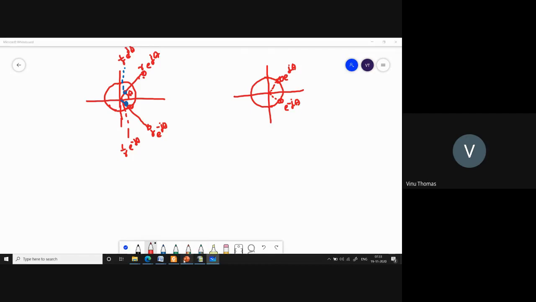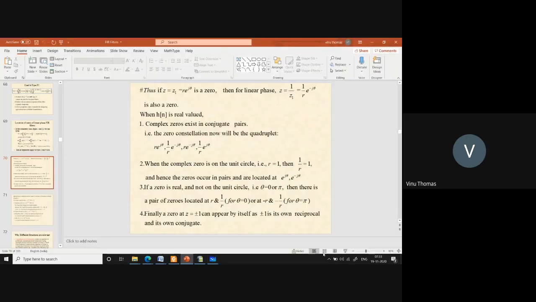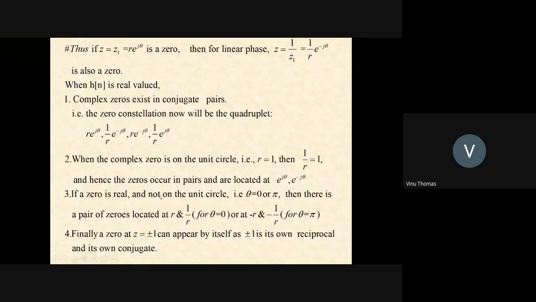So now we move on to the third observation, which is when the zero is real and not on the unit circle. For example, the zero could take a value of 5, which means its angle theta is equal to 0, and the zero could take a value of, say, minus 3, which is when the angle is equal to plus pi radian.